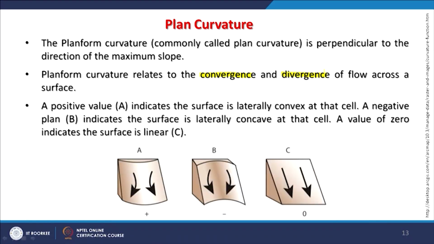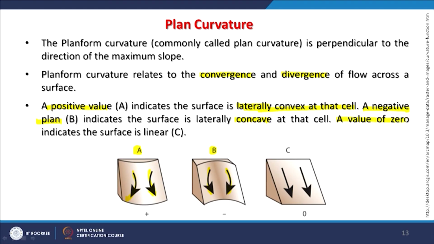So, here when we are having these values, positive values like A, when you are having a convex surface, the arrows indicate that the movement is laterally convex at the cell, whereas in negative, like example B, which is concave, they are converging towards each other.